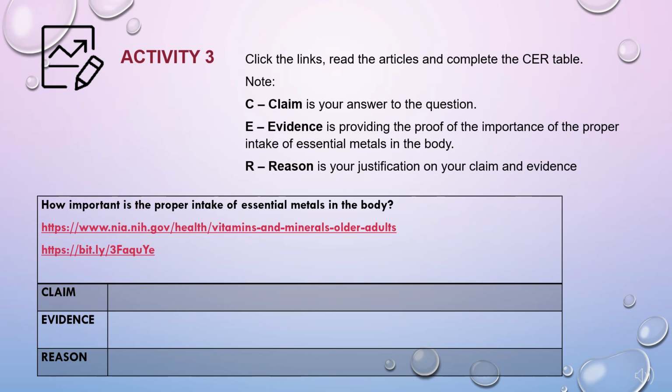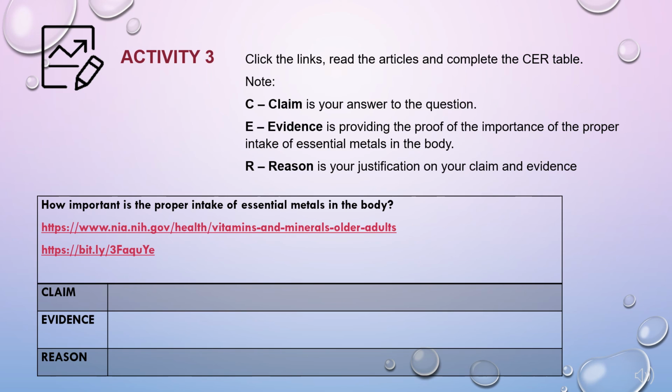Essential metals, yun yung mga metals na kailangan ng katawan. Okay, so ang katawan ay nangangailangan din ng mga metals, no? Like for example, potassium. Potassium is needed for the proper functioning of your nerve cells. What else? Calcium. That is needed for your bones.